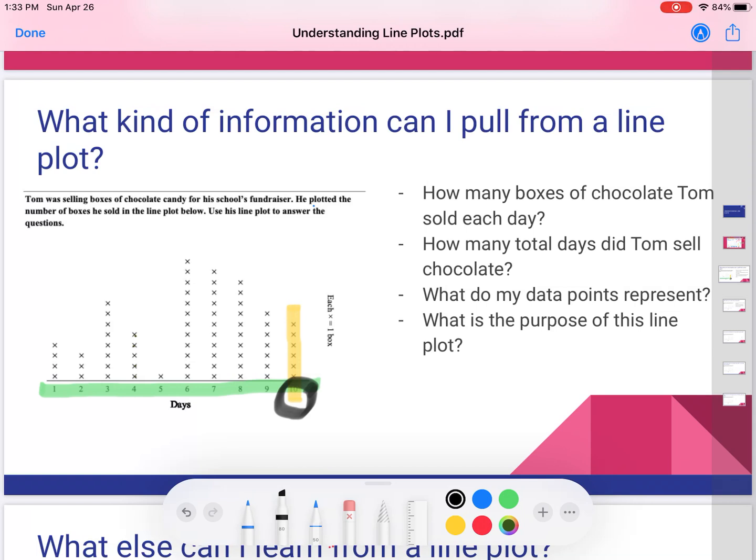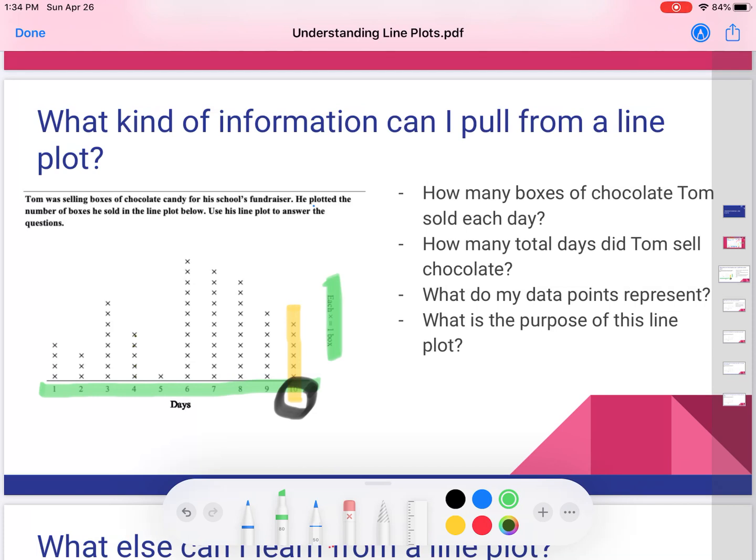Now, another one we could ask is, what do my data points represent? What could you look at on this line plot or its description that tells us how many days or what each data point represents? Did you guess each box, your key?